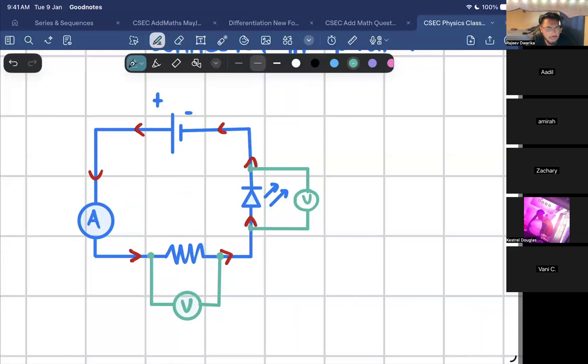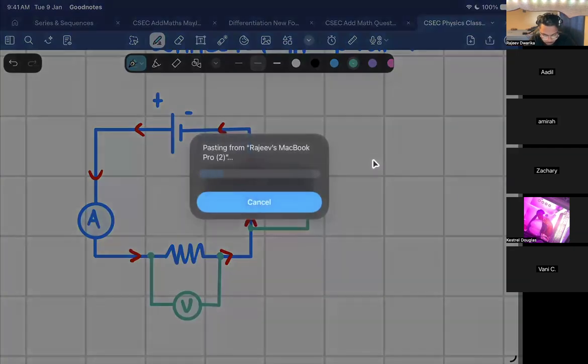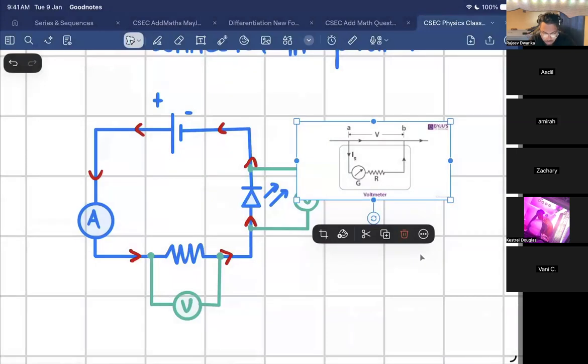Let me show you what I mean by that. The type of voltmeter I'm talking about is the analog one. Let me show you.